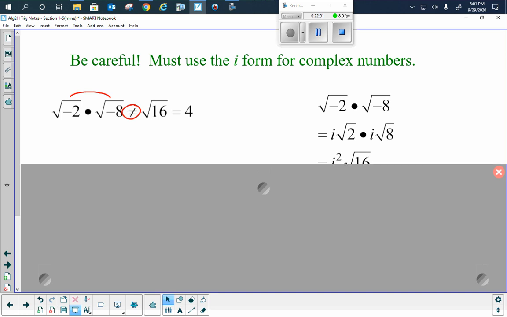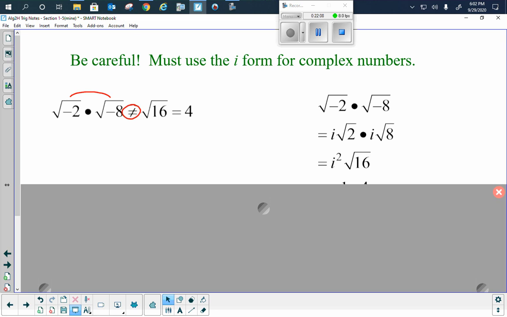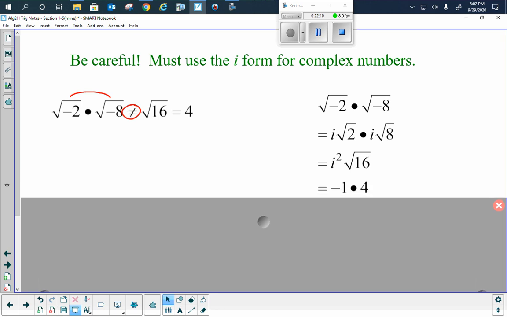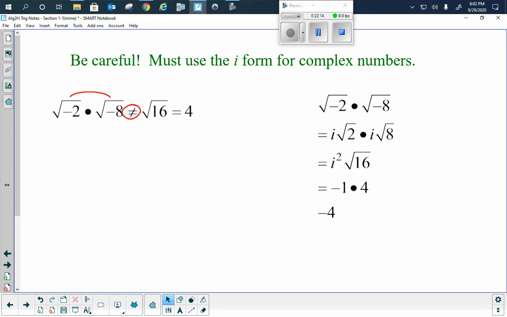And now root 2 times root 8 is root 16. i squared by definition is negative 1. Square root of 16 is 4. And negative 1 times 4 is negative 4. So notice, you do not get what you logically would have thought if you don't do that order of operations correctly. Keep that in mind.